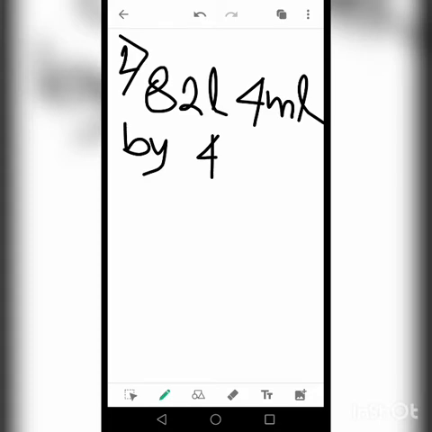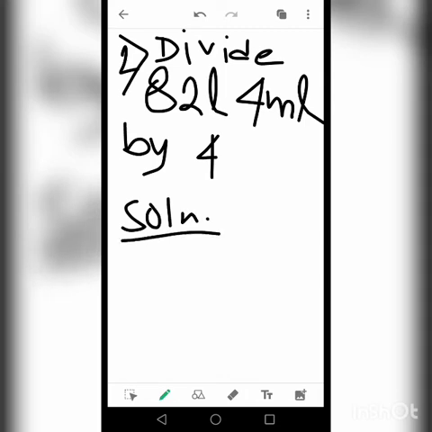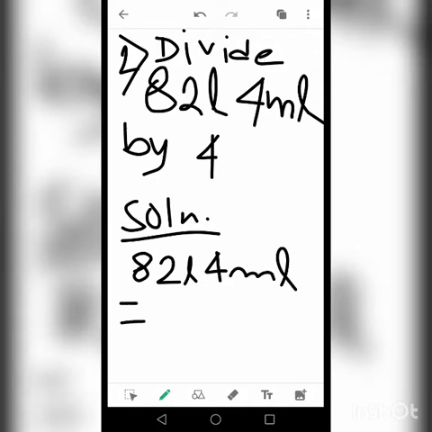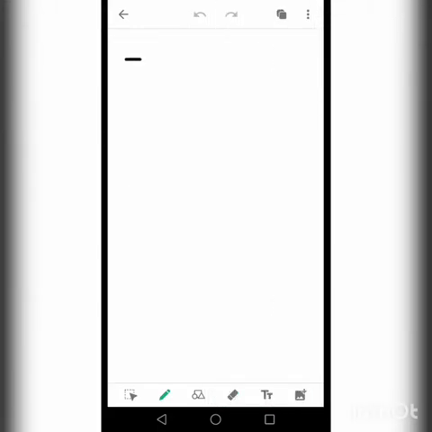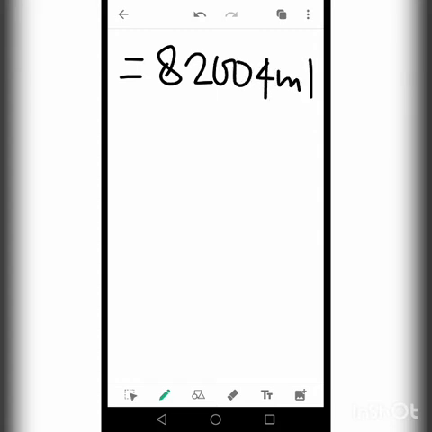So you have to divide 82 liter 4 milliliter by 4. You will begin your solution like this. First of all, you have to convert 82 liter 4 ml into total quantity in milliliter. So it will give you 82000 plus 4 ml. That means 82004 ml.